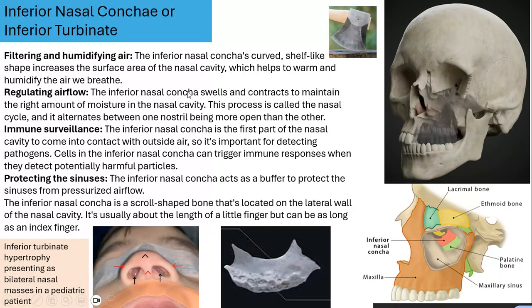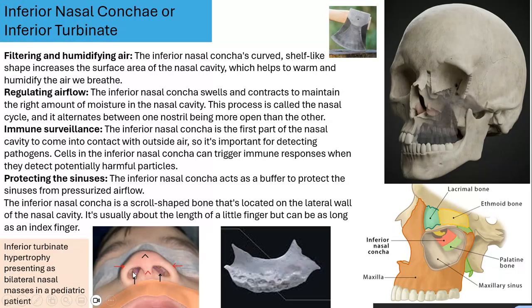So this is the inferior nasal concha. Maxillary sinus is maxilla. This is the palatine bone here, very small. Ethmoid bone, and this is the lacrimal bone. This is where the nasal concha is. It looks like an X. The inferior nasal concha acts as a buffer to protect the sinuses from pressurized airflow.